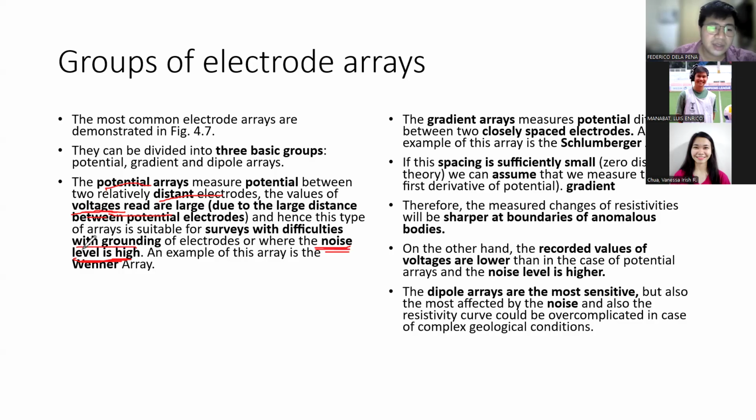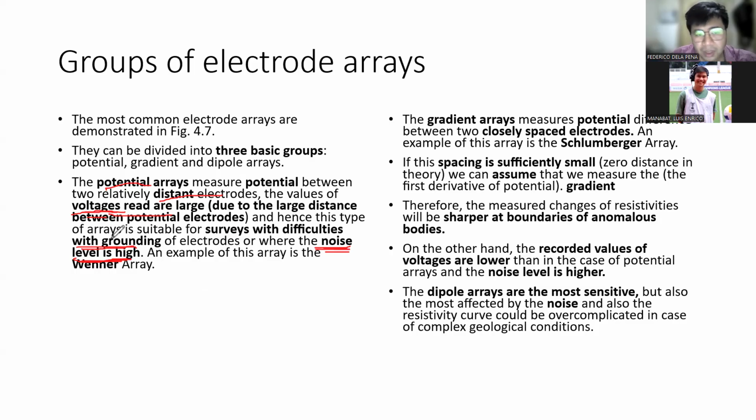When you have this kind of array, you are dealing with large potential differences, and consequently you will also need a bigger current, so you'll be using a more powerful energy source here.